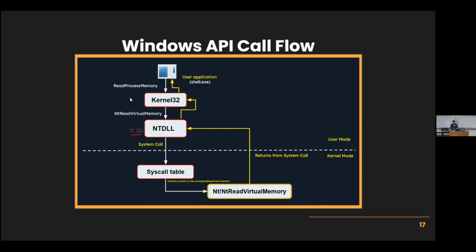We can think of DLLs as literal books, saying, hey, can you open this book and search for ReadProcessMemory? That's essentially what DLLs are. And then this DLL we'll call the NTDLL, which has higher permissions to access this lower portion of the operating system called the kernel space or kernel mode.